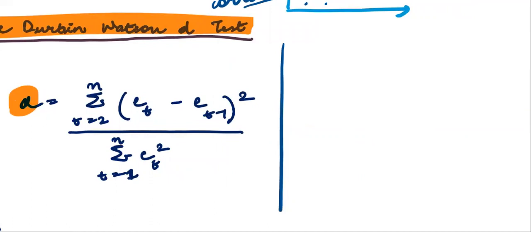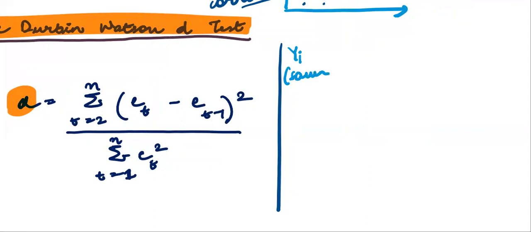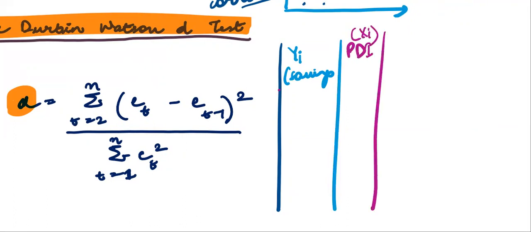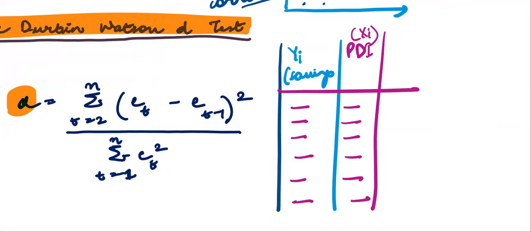So you have given me some values of yi. Imagine your yi is any particular dependent variable, maybe my savings. Let's say that my savings depend on my personal disposable income, which is my xi. And you have given me certain values here. Now, what will be the first step?